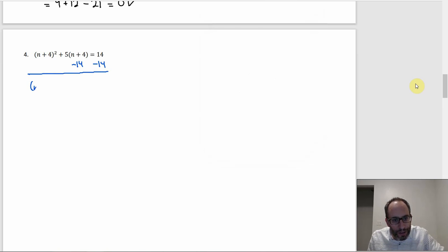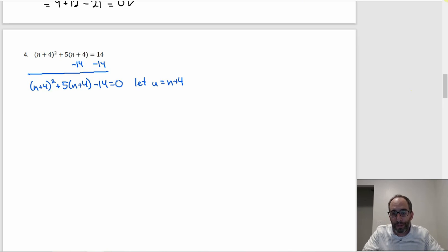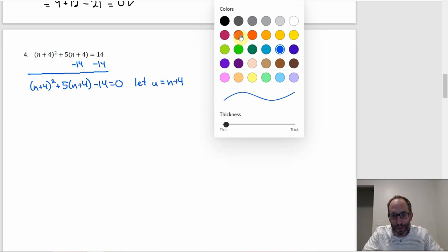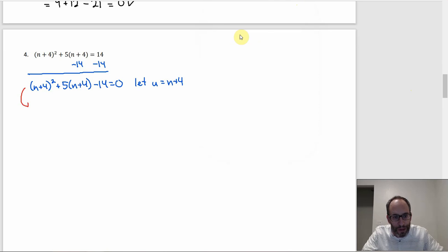So we're going to have n plus 4 quantity squared plus 5 times n plus 4 minus 14 equals 0. And then, yeah, we're going to let u equal n plus 4, and we're going to sub it, right? So that's the next step, is we are going to sub right here.